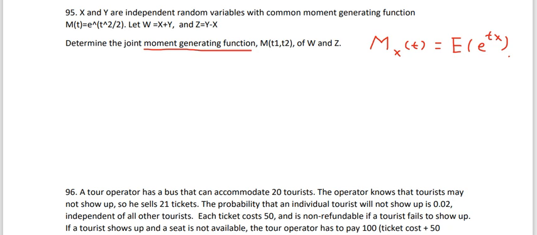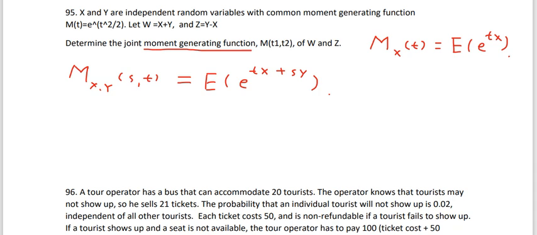Here we have two variables, so the moment generating function for x, y. We use s and t. For two variables, the definition equals the expectation of e to the tx plus sy.